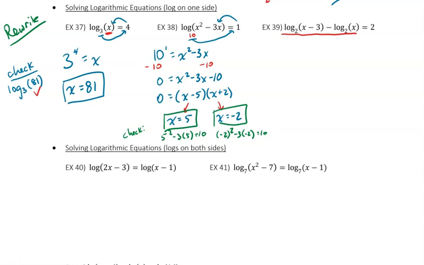So this is where our condensing comes in handy. To condense the log, remember the minus means divide. So we're going to put it in one log, so log base 2 of x minus 3 over x. And that's going to equal 2.